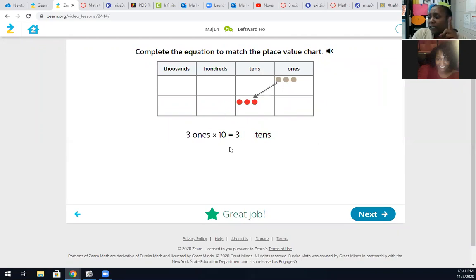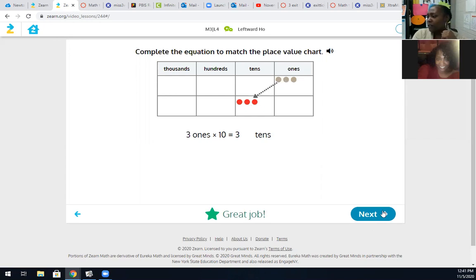And to complete the equation, if we know 3 ones times 10, I know someone's like, I know the answer. I know what 3 ones times 10 is. I know you do. But we need to make sure we understand what that place value is too. That means we now have 3 in the 10 spot, so 3 tens equal 30.